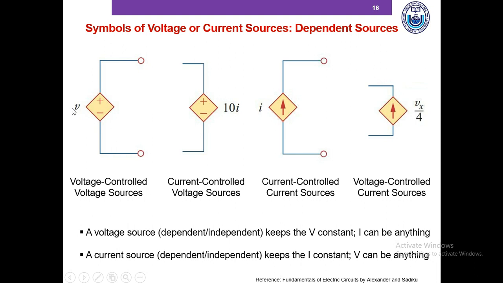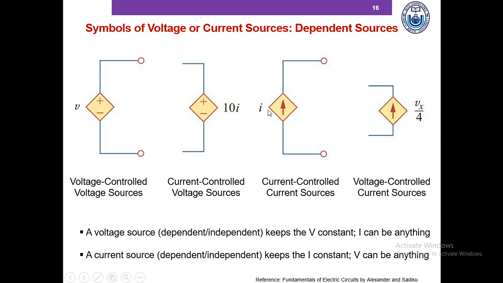Now, how do we know it's a voltage controlled voltage source? So we look into the variable here. If it's a V something, V0, V1, Vx, so if it's a voltage, then it is a voltage controlled voltage source. But if it looks like a current, for instance here 10I, where I is a current of another portion of the circuit.